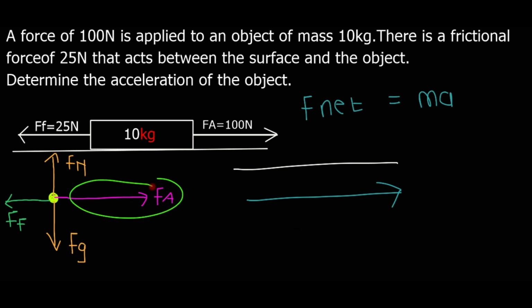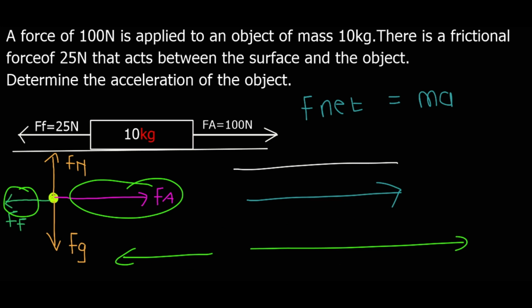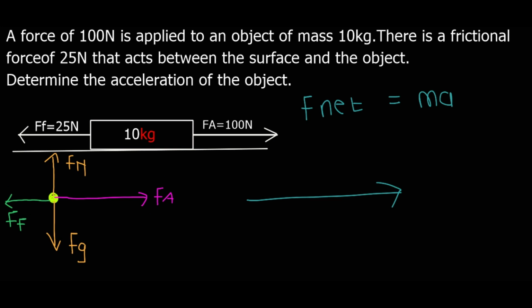The force applied is also to the right, and the frictional force is to the left. These forces are parallel to the direction of motion. But the normal force and the gravitational force are not parallel to the direction of motion, because our object is going to the right and the normal force is vertical.